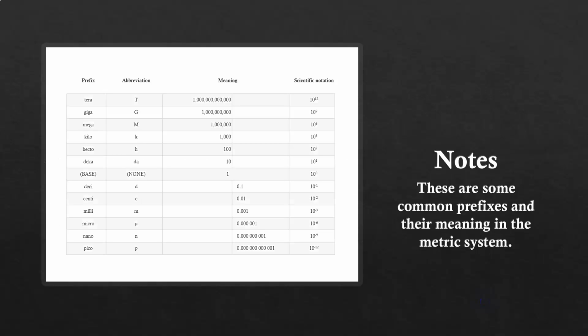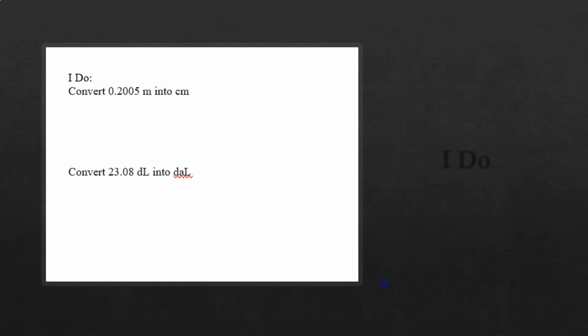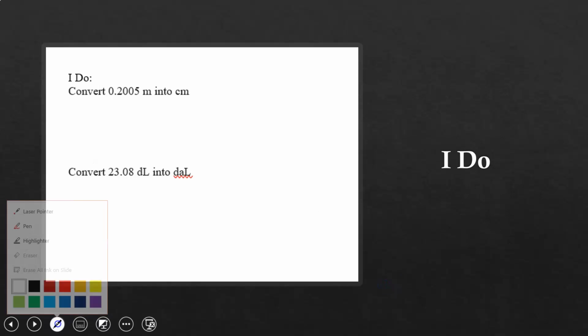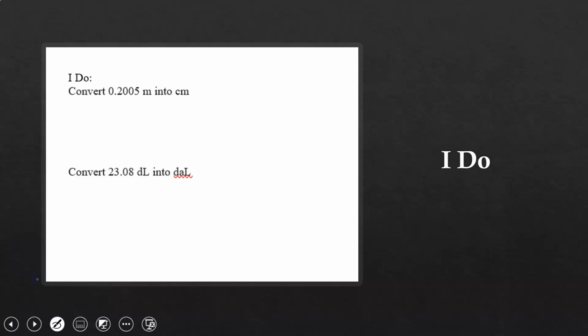Here's another way to visualize it and their meaning in the metric system. So here we have our I do. We're going to convert 0.2005 meters into centimeters. So looking at King Henry died by drinking chocolate milk, we are starting at meters, which is by itself, so that's the base unit, and we are going to convert it to centimeters.